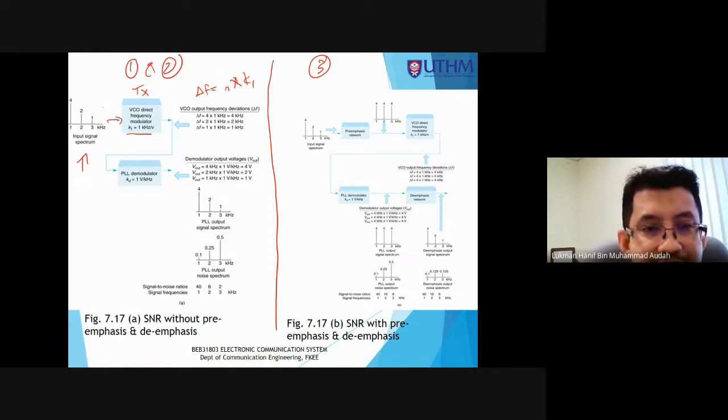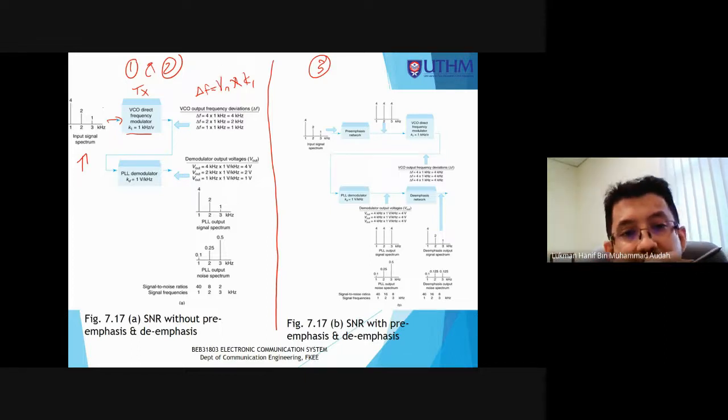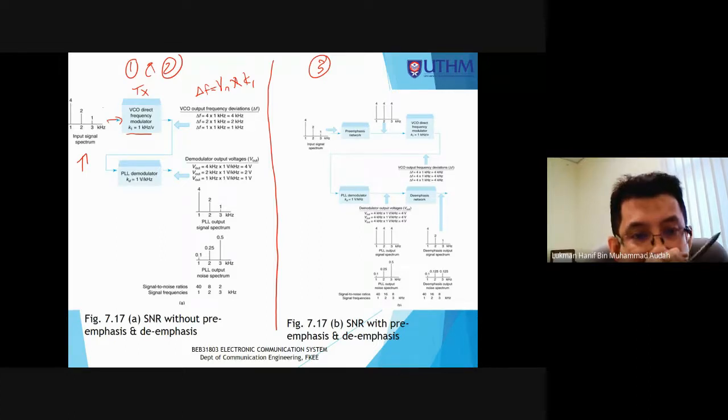Remember KF BM, so K1 is a KF actually. So Vn multiplied with K1. Vn is the voltage of the input. In this case there are 3, 4 volt at 1 kHz. So we multiplied with K1, 1 kHz per volt, so we get 4 kHz.